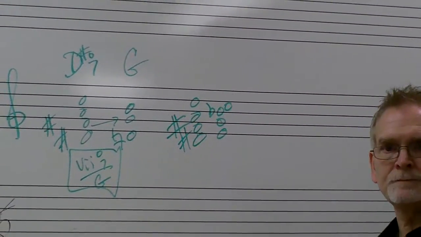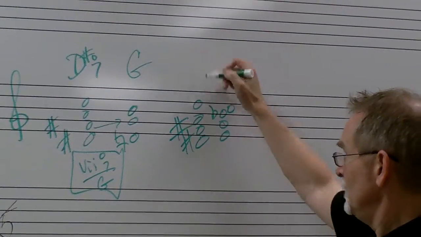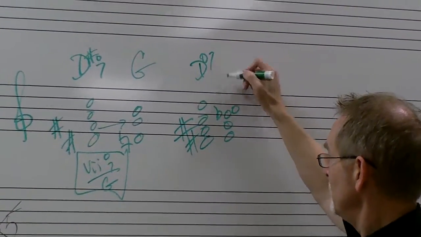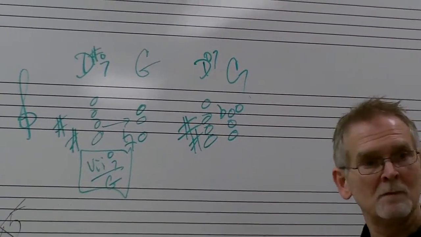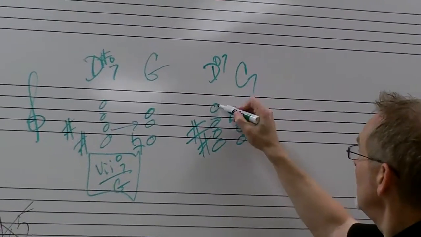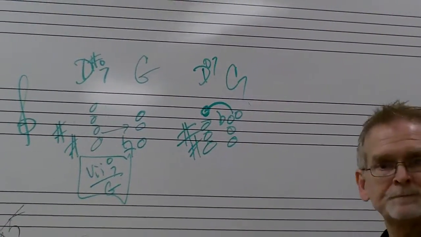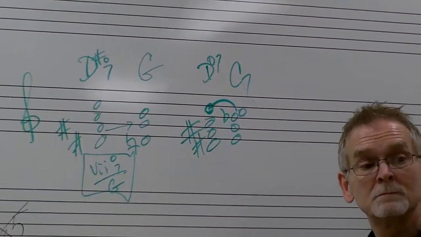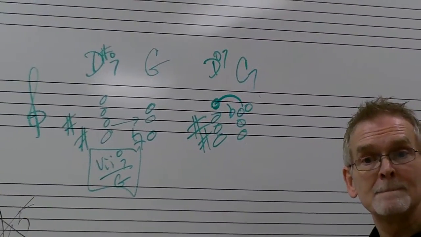It's still functioning. Now, look at this one, and this is what this piece does. It's a D sharp fully diminished seventh chord. It resolves to a C7. It's got a note in common. Everybody see that?